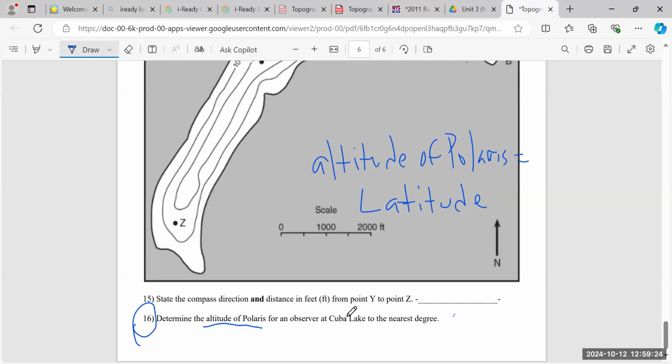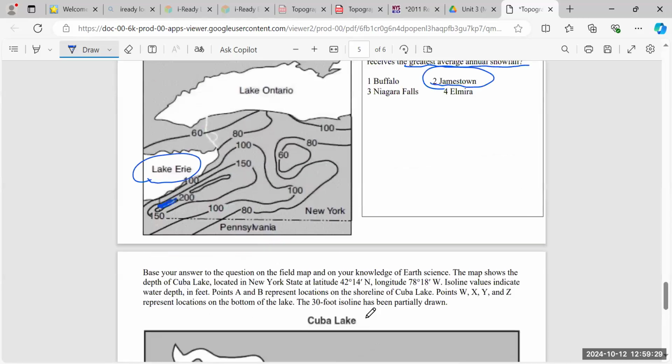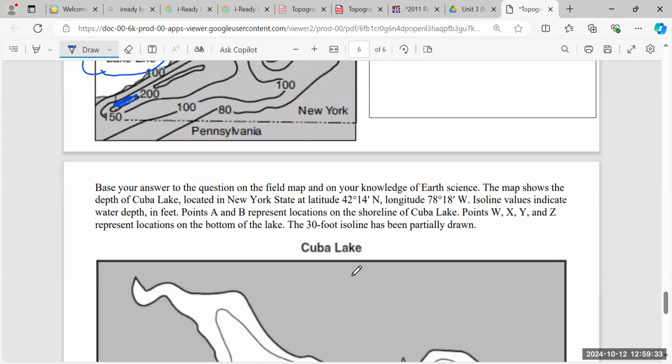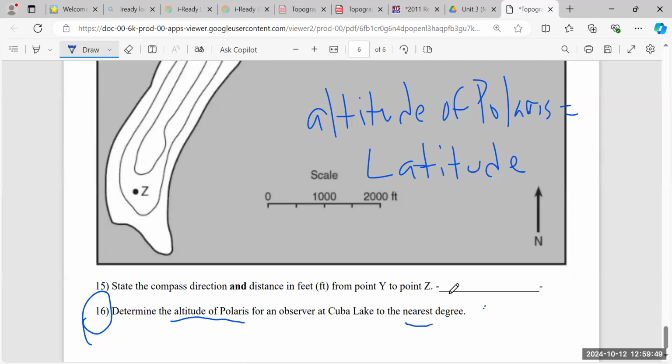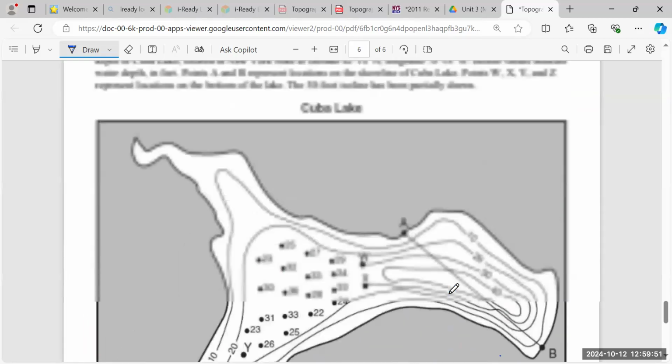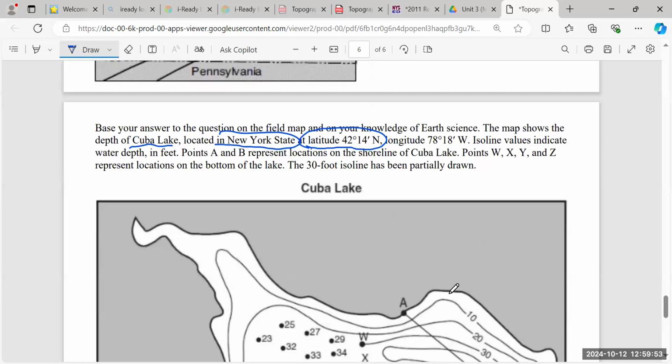So is there any information that tells me about the latitude of Cuba Lake? Well, it says right here in the background information that we should have read, right? This map shows the depth of Cuba Lake located in New York State at latitude 42 degrees and 14 minutes north. Because the question said to the nearest degree, I'm only going to be focusing on the latitude degree number.